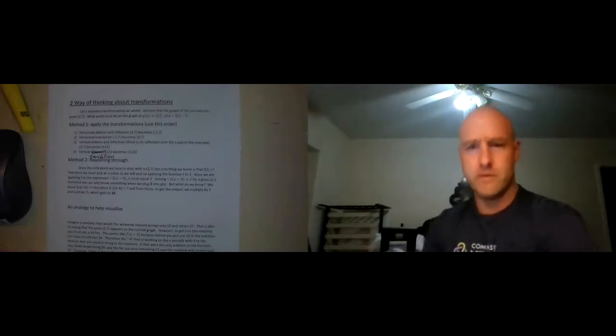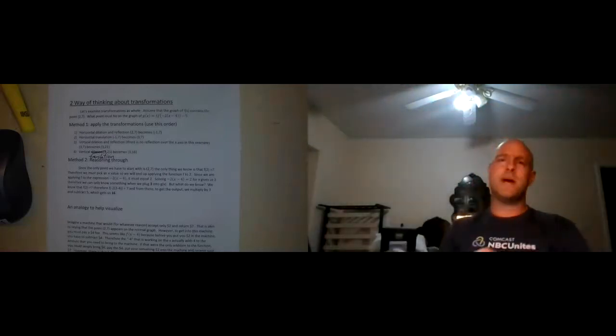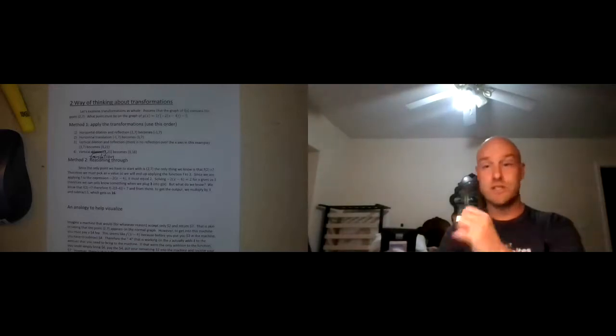The other way, which we haven't discussed yet, is to reason through, especially in finding that x value. If I know that f of x contains the point (2, 7), that means I know one thing: if I apply the function to 2, I get 7. That's all I know.